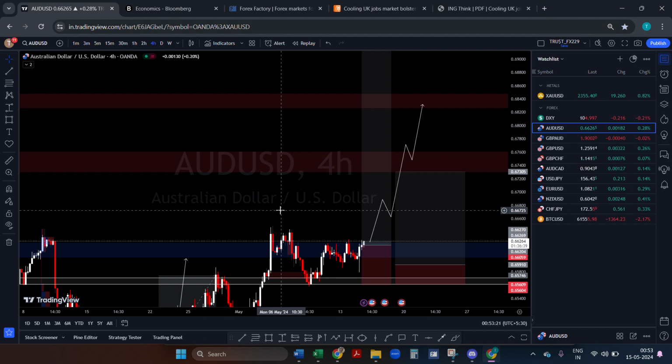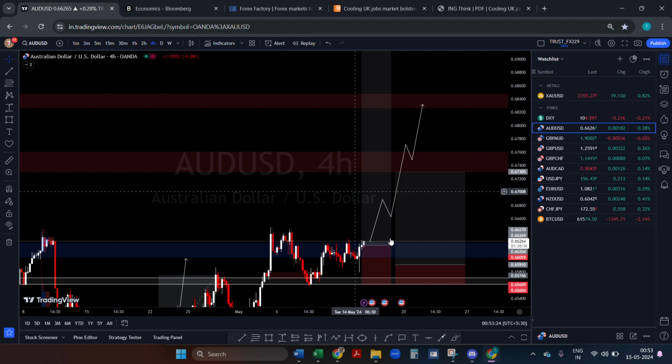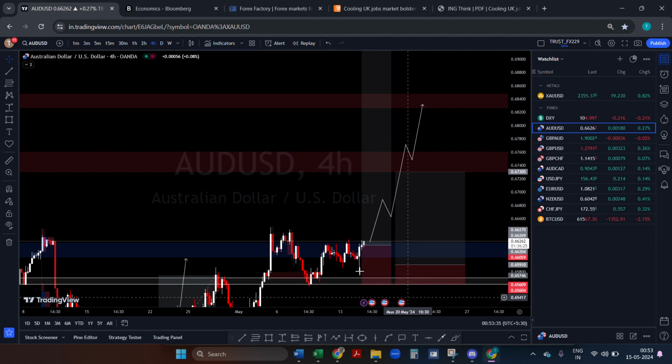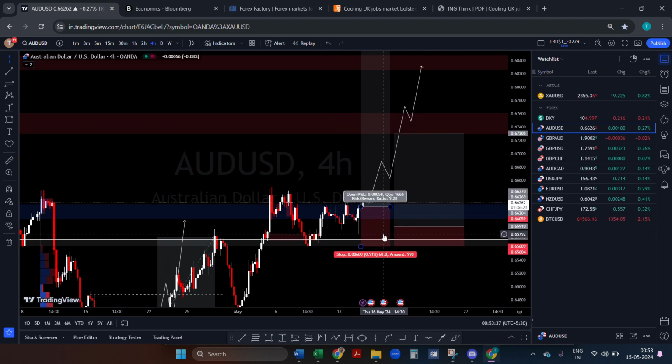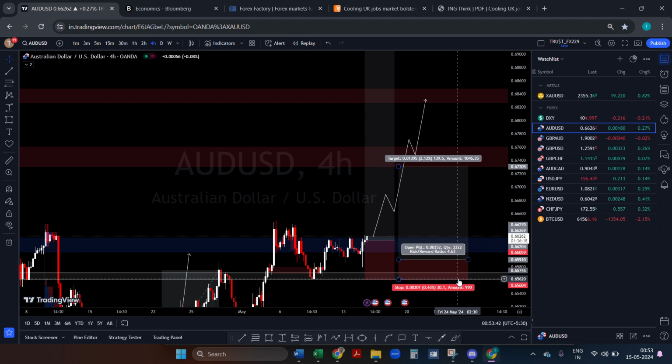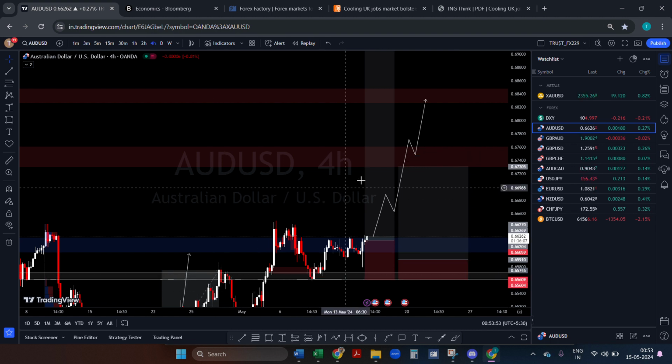On the other hand, we have inflation numbers coming up tomorrow, with a negative forecast on core inflation and retail sales too. This is the chance for us to anticipate buys, with one currency weakening and the other, the Australian dollar, strengthening. Let's see what happens.